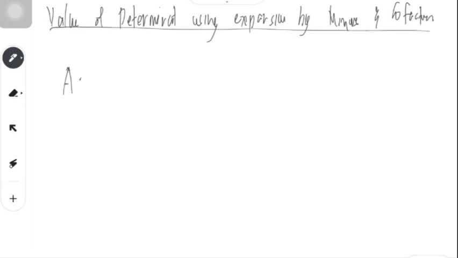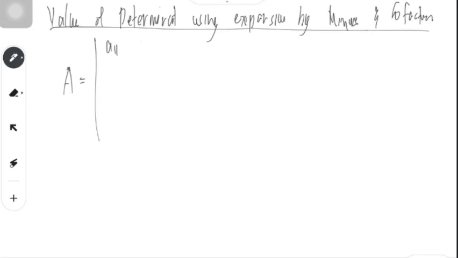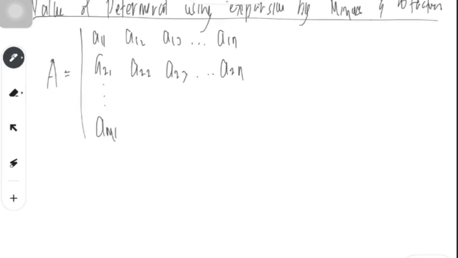Let's say given a determinant A whose elements are general muna tayo. A11, A12, A13, A1N. Then, ito yung pinaka-general equation natin. 21, 22, 23, second row, and column. A, M row, no? First column.